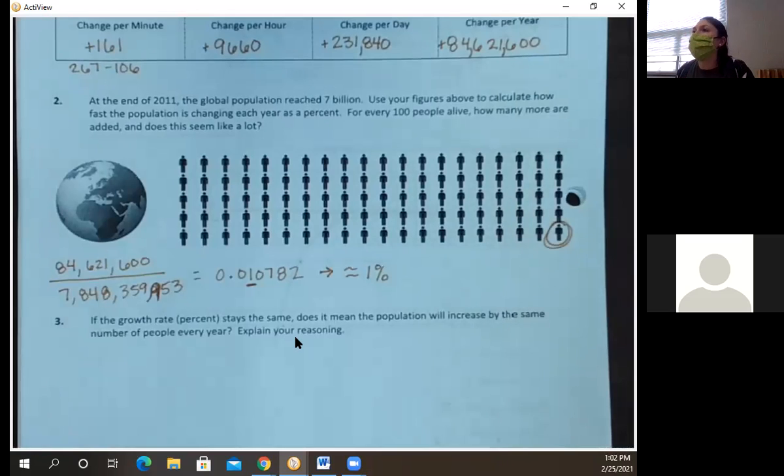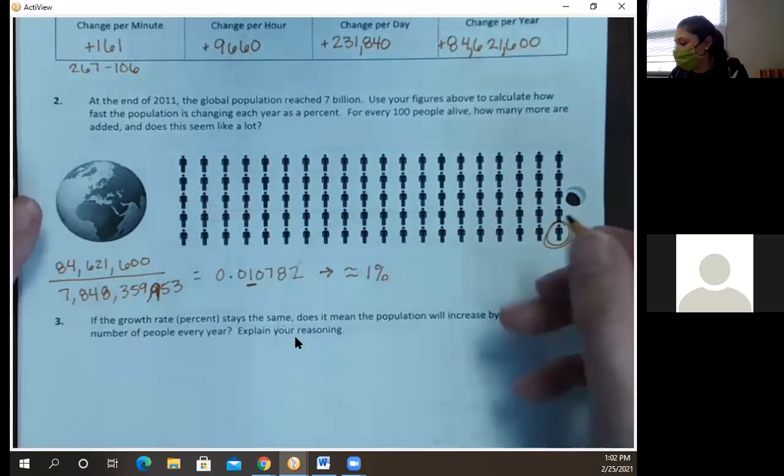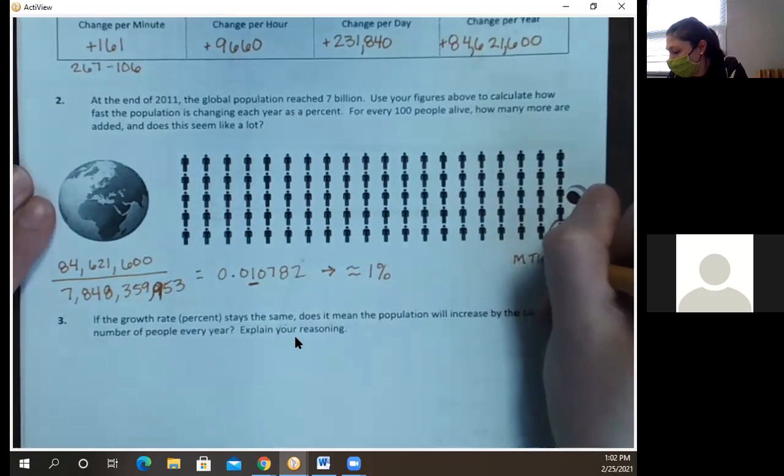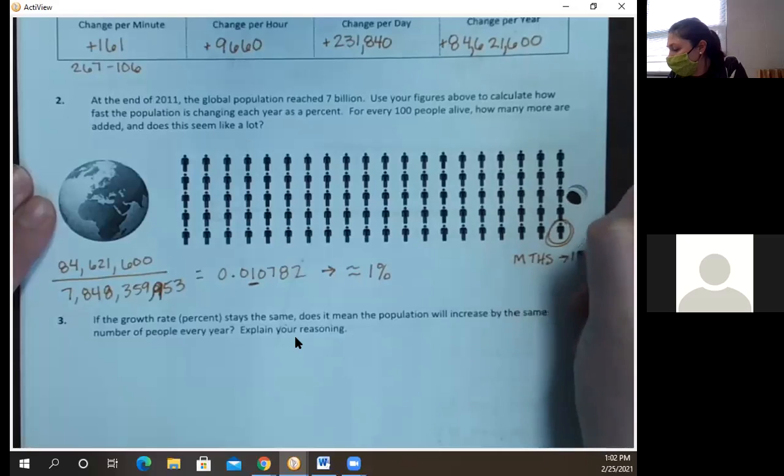Our school population, students, teachers, staff, other faculty members, is right around 1,000, hovers just under 1,000. What would be 1% of 1,000? 10, yeah. So for MTHS, we would be adding 10 people.